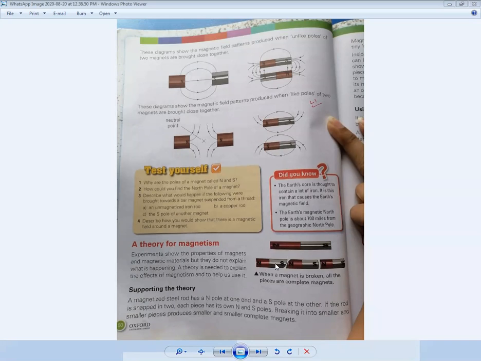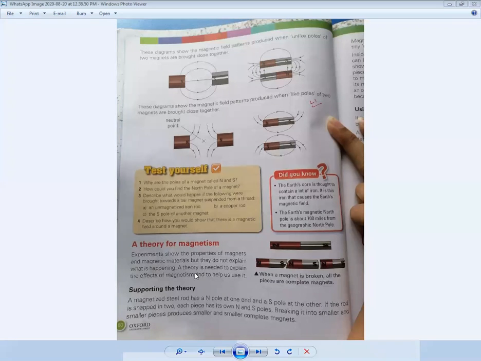Then we have broken this magnet into three pieces, 1, 2, 3, and you can see the broken pieces again convert into complete magnets. Each has a North Pole and a South Pole.